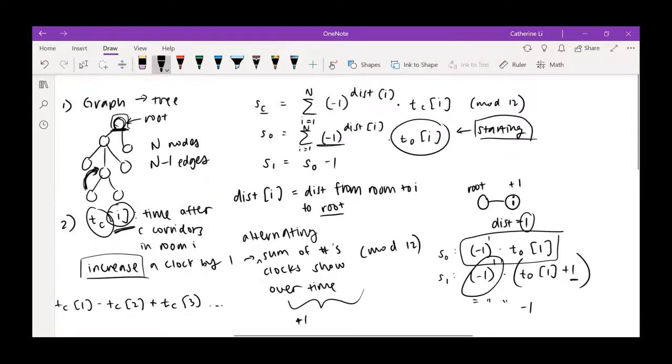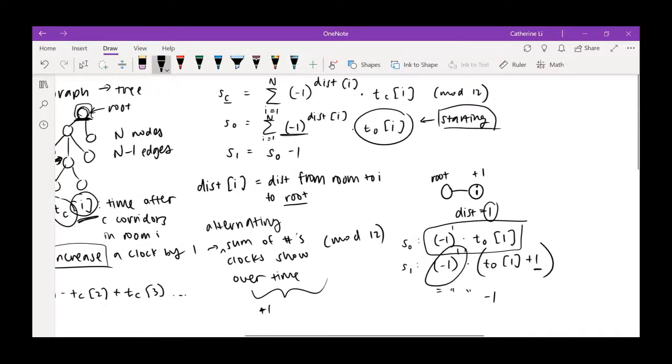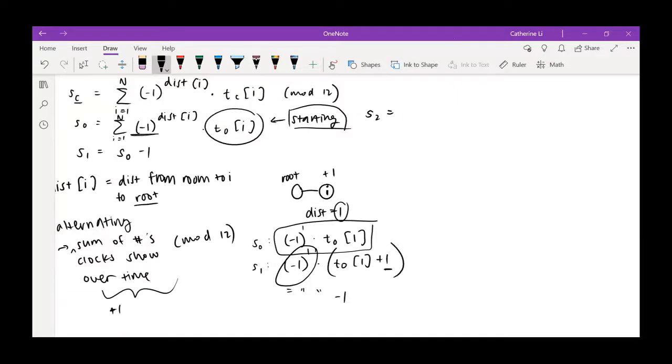Okay, so same idea. If we go from S_2 and write it in terms of S_1, we are going to a node that is distance 2 from the root and then adding 1 to it. Either this or we're going back to the root, which is distance 0 from the root. The only thing that we really care about is the distance function's parity.